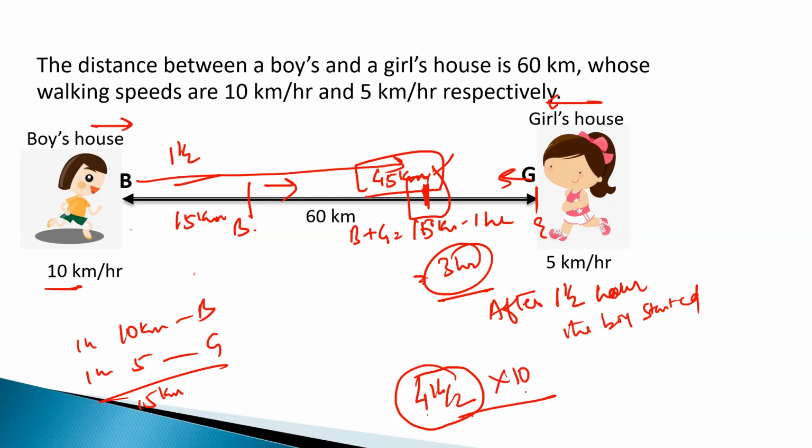So if I multiply 4.5 hours by 10 kilometers per hour, I get 45 kilometers of distance which the boy has covered. The chain rule helps us identify all the questions of time and work. You just have to interpret the question clearly and understand the situation, then you can definitely plot your answer.